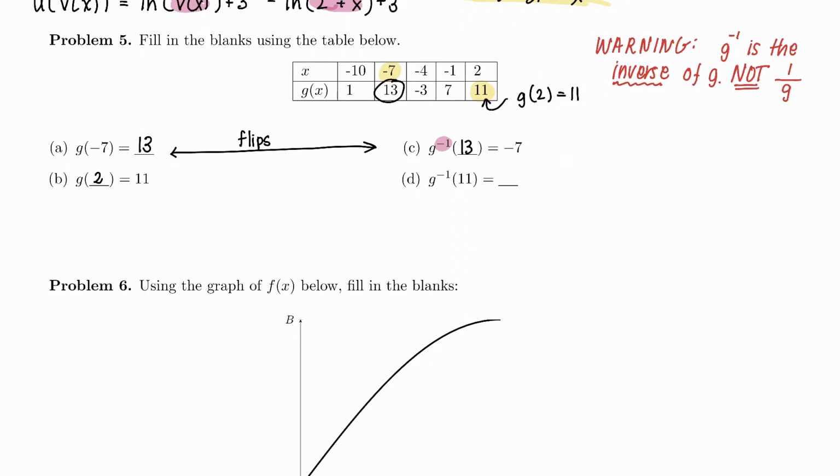So before, negative 7 was the input and 13 was the output. When I take g inverse, the new input is 13 and the output is negative 7.